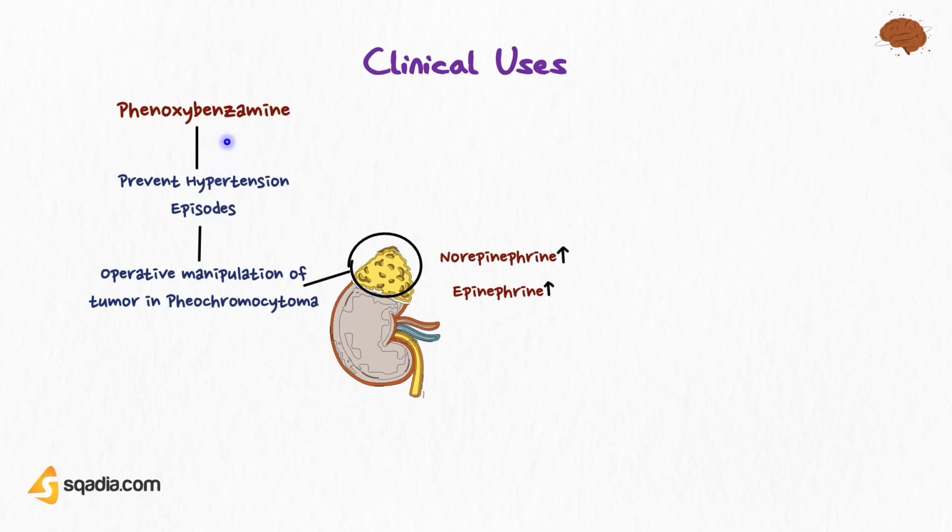I repeat, phenoxybenzamine is used to prevent hypertensive episodes in operative manipulation of the tumor in pheochromocytoma. Pheochromocytoma is the tumor on the adrenal medulla. When you remove it, there is a risk of the spillage of the norepinephrine and epinephrine into the plasma, which causes a rise in the blood pressure, and therefore we use phenoxybenzamine to prevent it.